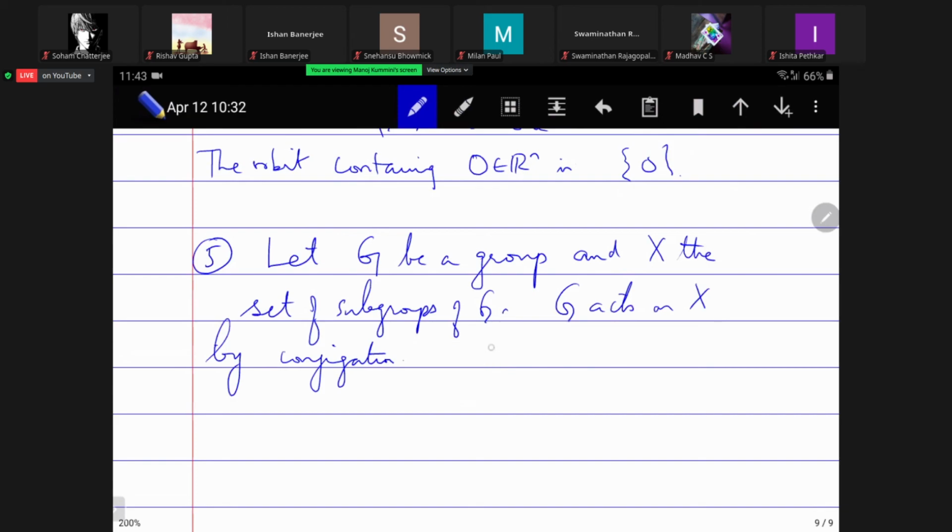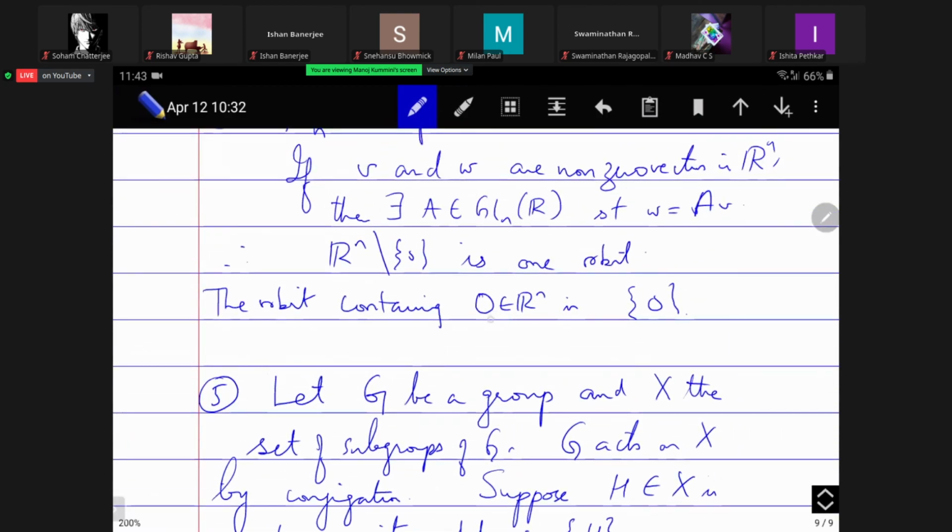Suppose H inside X is such that I'm looking for a specific H with a specific property, such that its orbit is a singleton. Of course, any element belongs to its own orbit, because phi identity applied to that element x is itself. But here is an example of an element whose orbit contains just that, nothing else.